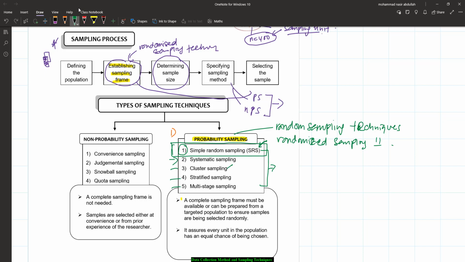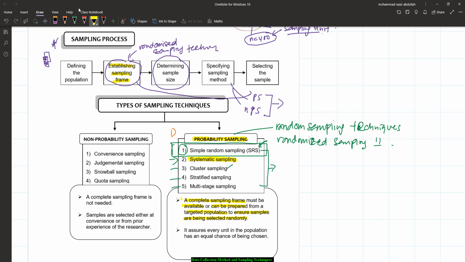So a complete sampling frame must be available or can be prepared from a target population to ensure samples are selected randomly, because we want to apply randomness in the sampling process. So that's why we need a complete list as the sampling frame, except for systematic sampling techniques.